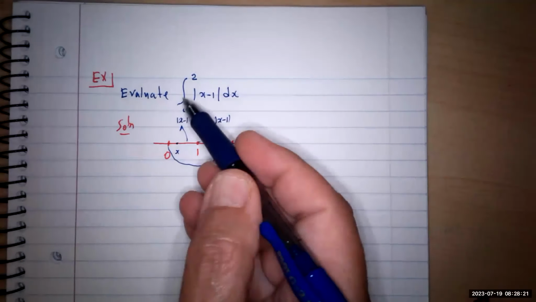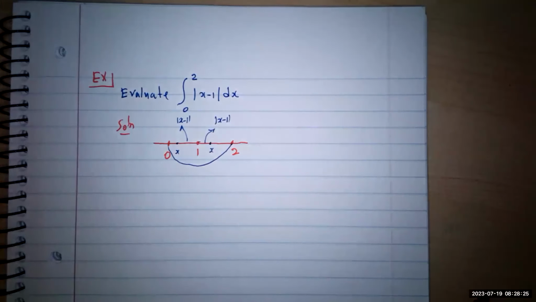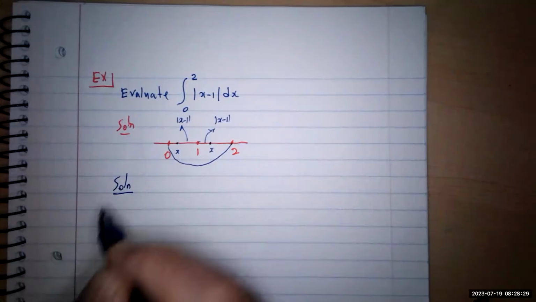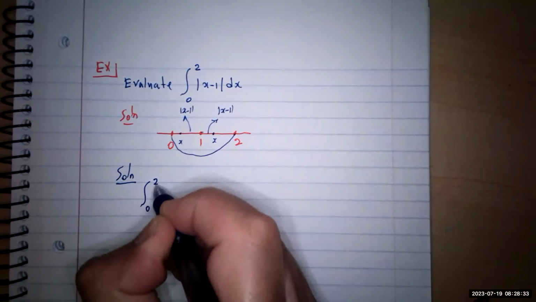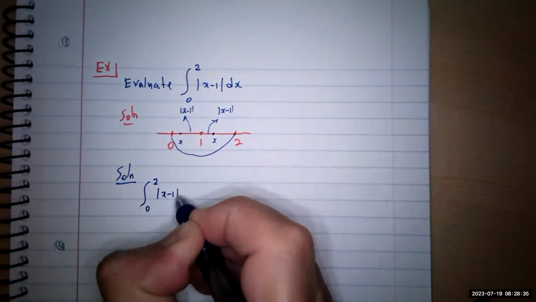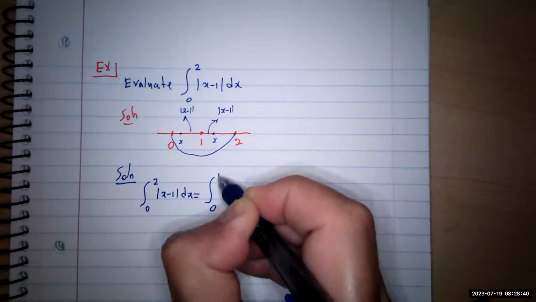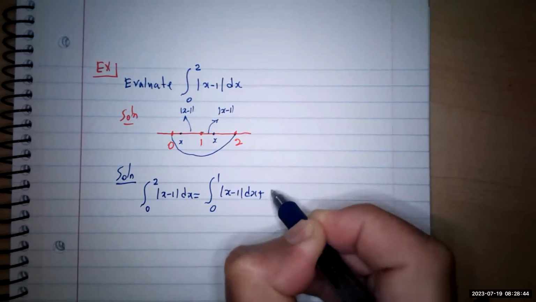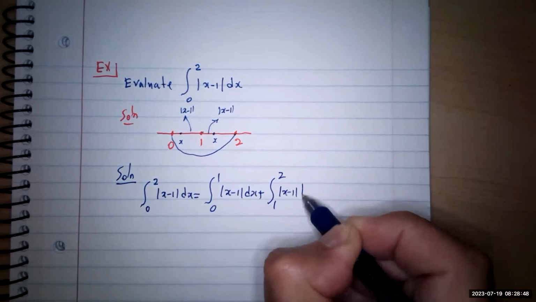So this integral is 0 to 2, because 1 is between 0 and 2. So what we're going to do for the solution is break the integral. The integral from 0 to 2 of the absolute value of x minus 1 dx is equal to the integral from 0 to 1 of the absolute value of x minus 1 dx plus the integral from 1 to 2 of the absolute value of x minus 1 dx.